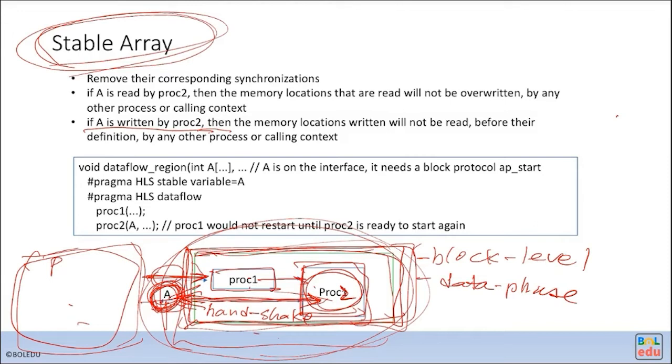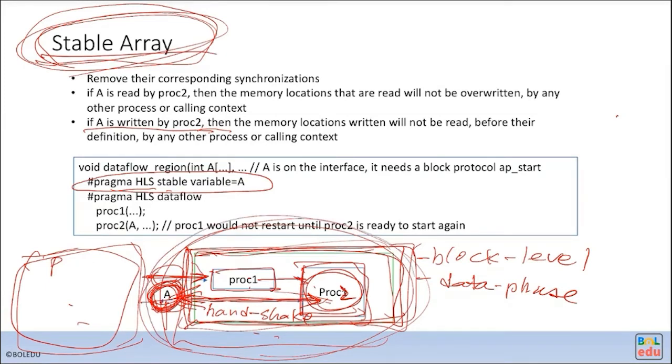So that's why the pragma stable was introduced. It simply tells the AAHLS compiler that you don't need synchronization on A, and my design guarantees A will not be rewritten before it's used. It will be stable there, and it will not be pre-read before I write to it. So use the stable array.